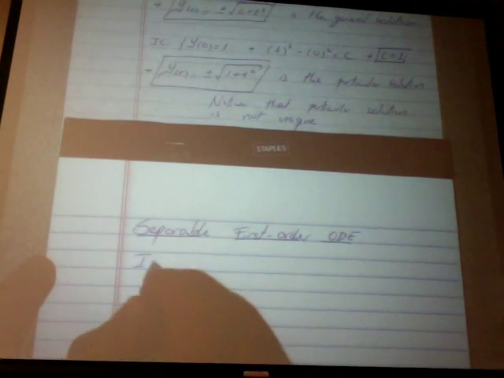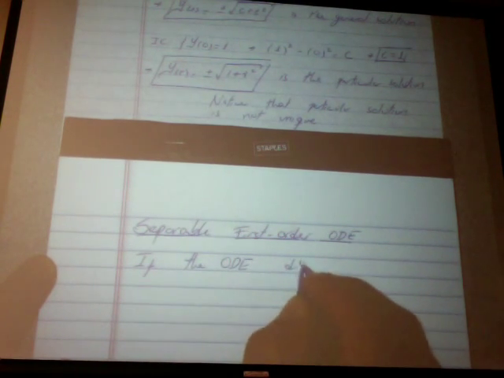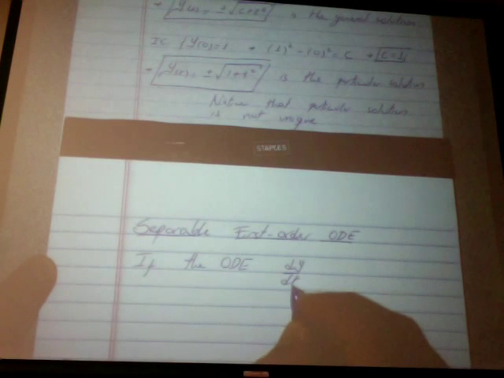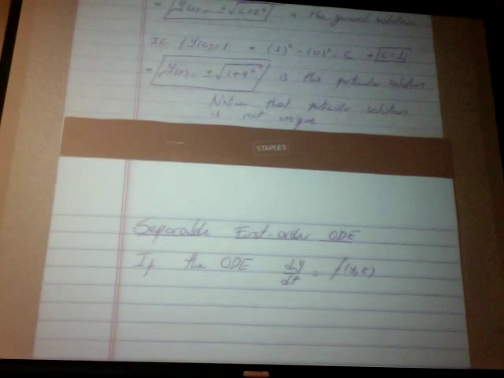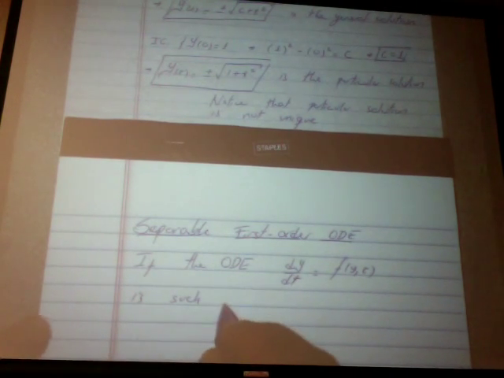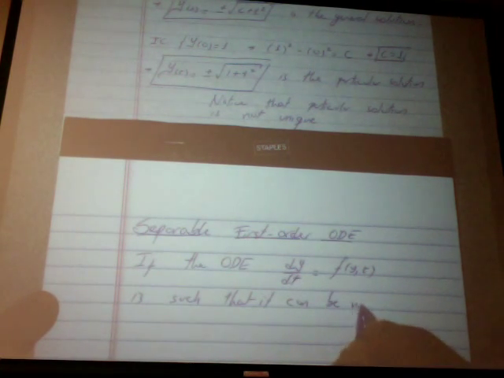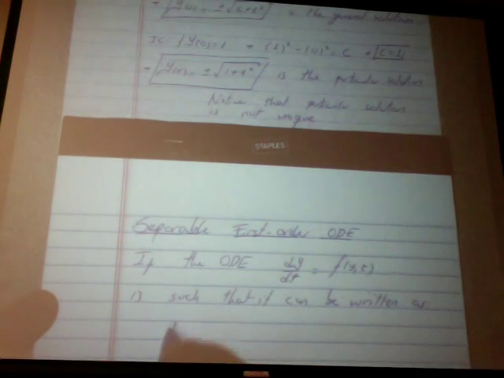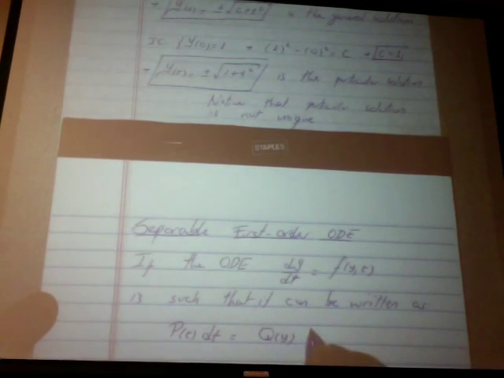So if the ODE dy dt equals f of y and t is such that it can be written as some p of t dt equals q of y dy.